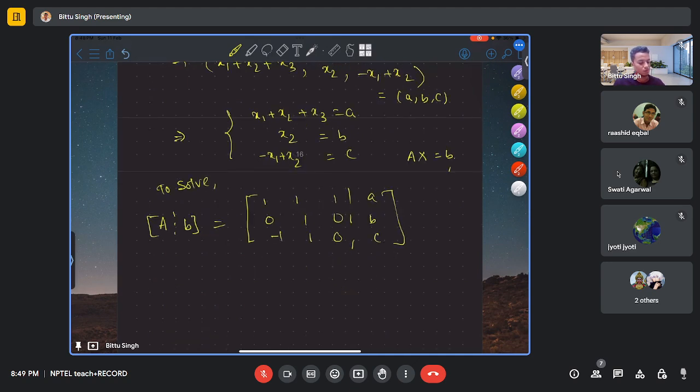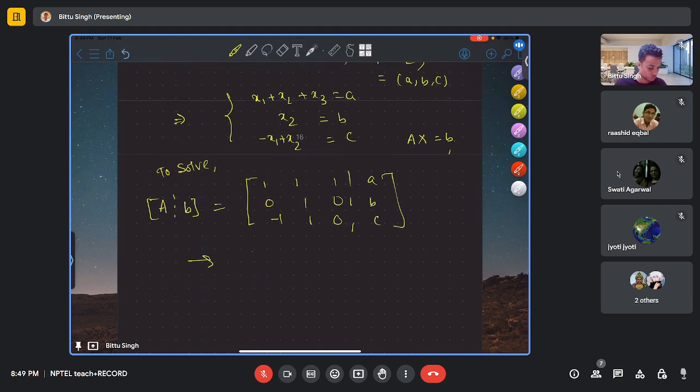Now reduce it. The process of reduction: R3 plus R1 will give 0 here, and it will be 2, and the third term becomes c plus a.